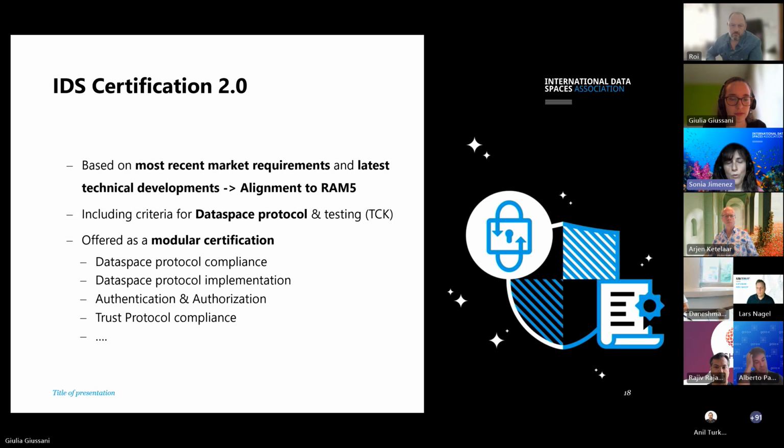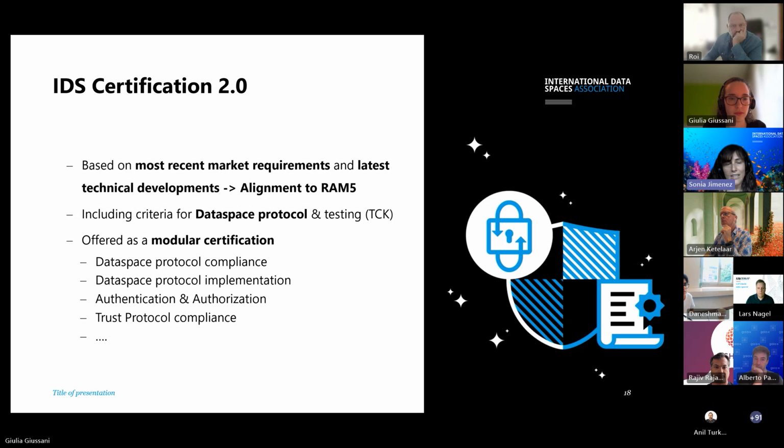So what's new? We will be including criteria to test the Dataspace Protocol. And we will offer the certification in a modular approach. And these are some examples of the modules that we have in mind to implement. So the compliance to the Dataspace Protocol, also to check how the protocol is implemented, authentication, authorization, compliance to the trust protocol, and others that we will define.